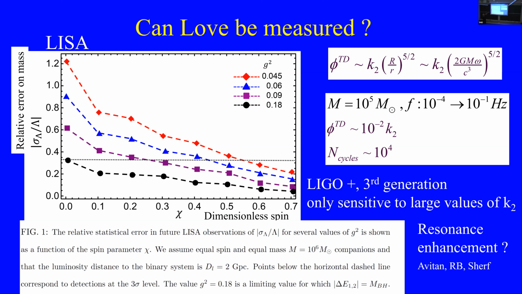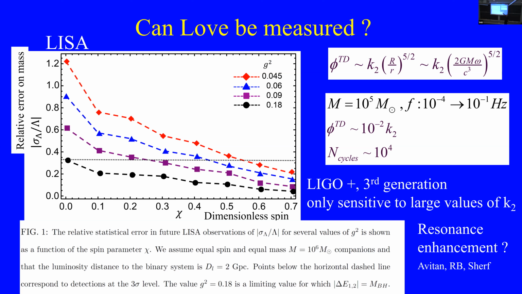But you see that there are some cases where the results lie below the 3 sigma, so they are detectable. And you also see that you need to have slight spin. Our calculation was for Schwarzschild black holes. We did some estimate of corrections for Kerr black holes.